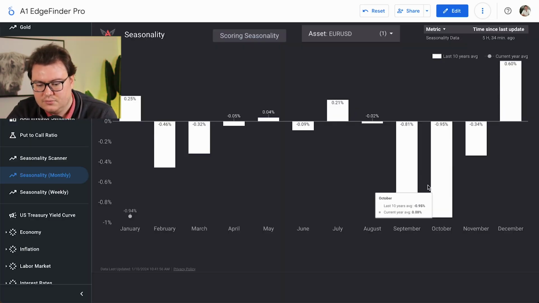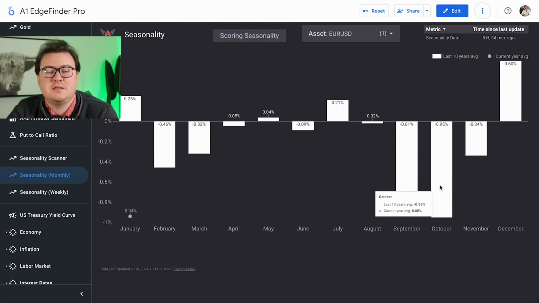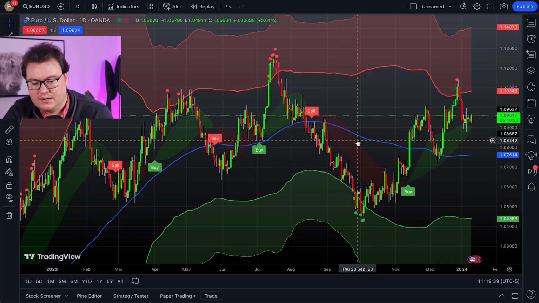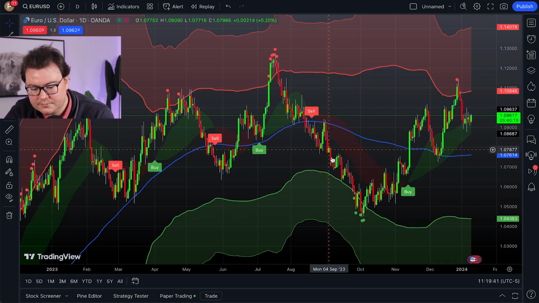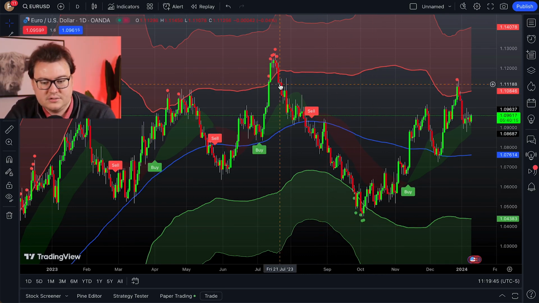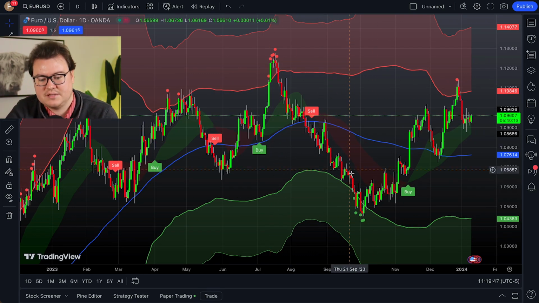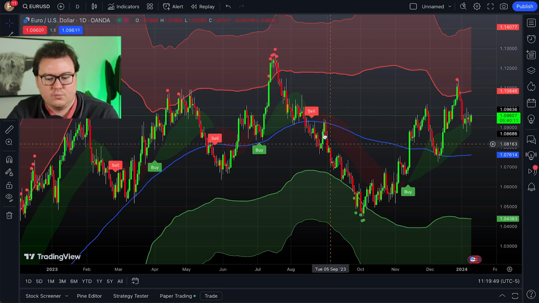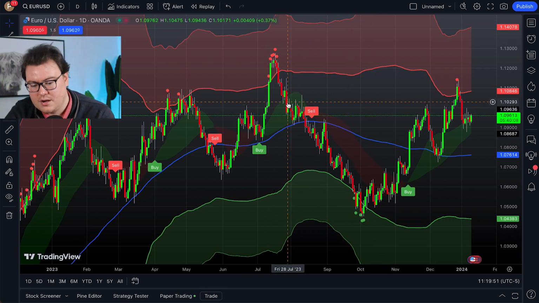How about this? So September and October seem to be our biggest movers to the downside on the euro. What did we do in September and October? Well, here's September for you. September, clearly, it looks like July, August, and September were clearly the worst months of the year for the euro.